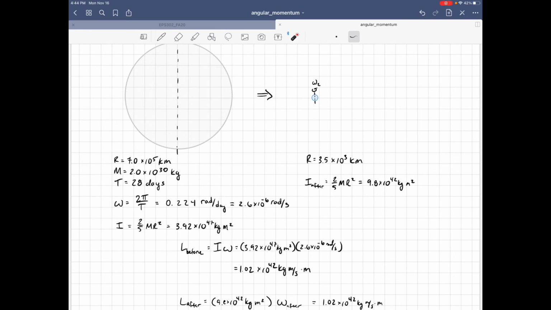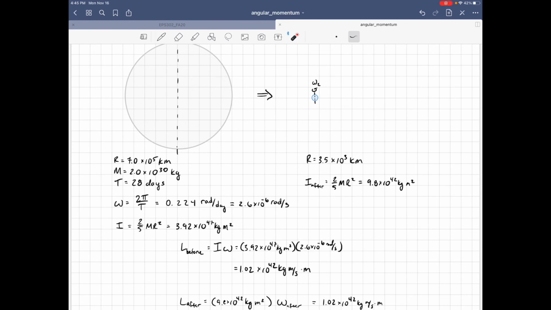To find the angular momentum, I want to figure out omega, and that definition is 2 pi over the period. If I plug in the period here, I get that the angular speed is about 0.224 radians per day, and then I'm going to convert that into radians per second, right here: 2.6 times 10 to the minus 6 radians per second.